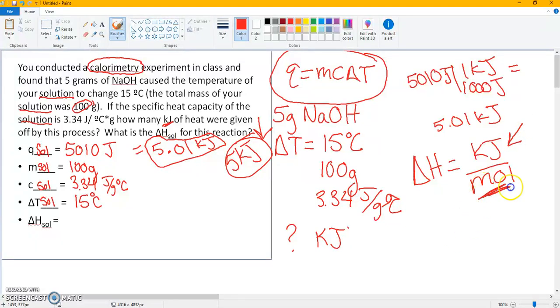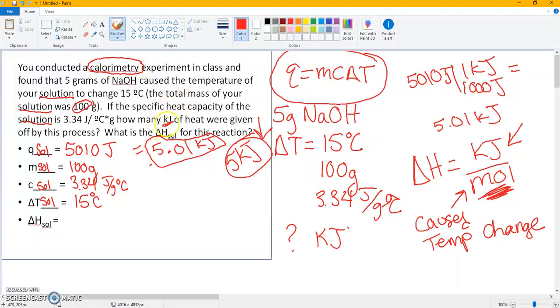Now the tricky part is, what is the moles? Well, the moles is anything that caused a temperature change. So in this case, I created a solution by dropping sodium hydroxide in water.